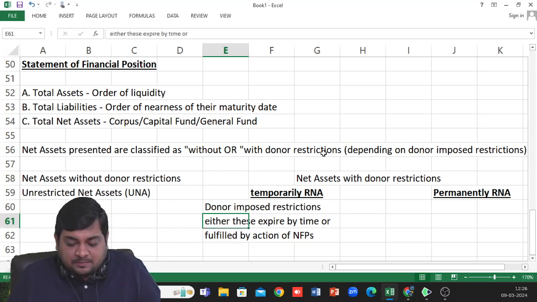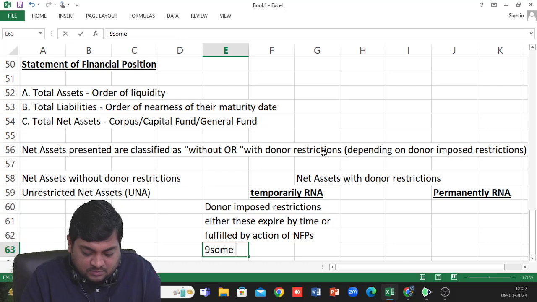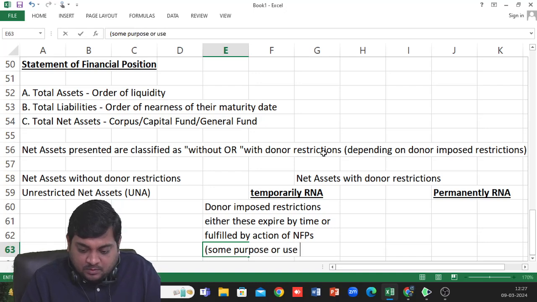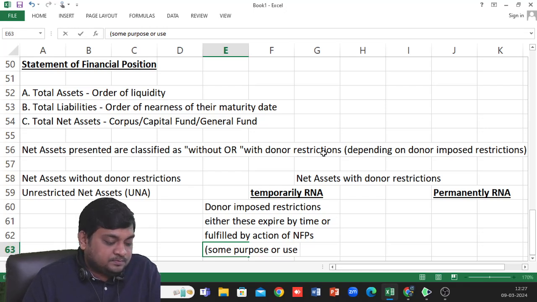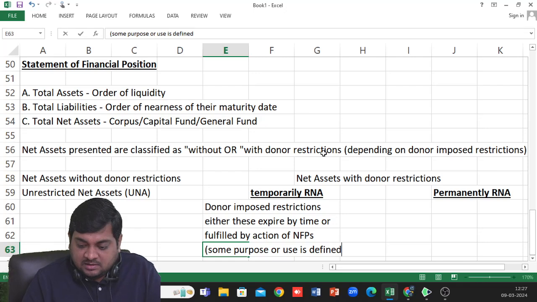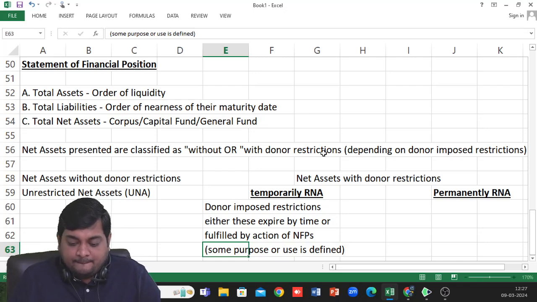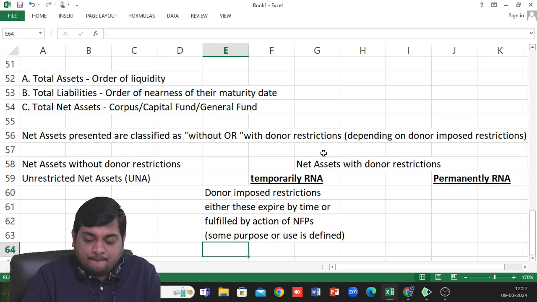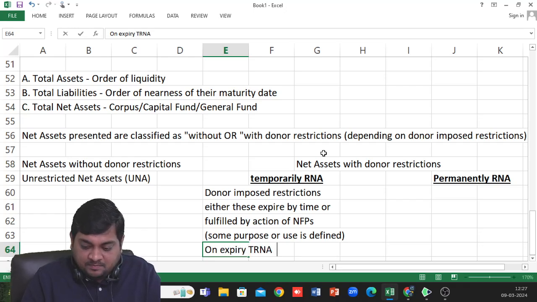or some purpose of use is defined. On expiry, tRNA becomes UNA.